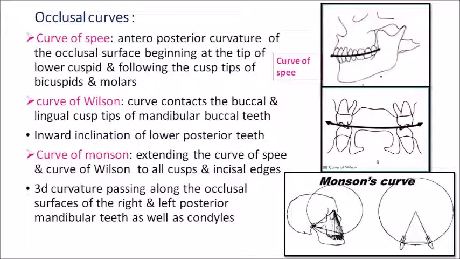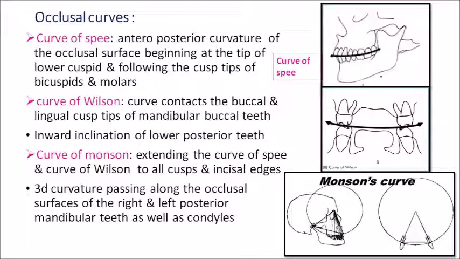Now the third curve is the curve of Monson. When you extend the curve of Spee and the curve of Wilson to all cusps and incisal edges, you get the curve of Monson. It is actually a three-dimensional curvature passing along the occlusal surface of the right and left posterior teeth as well as the condyles.